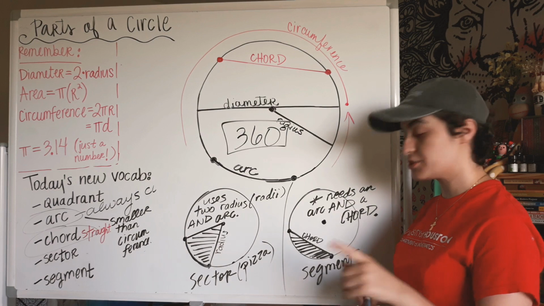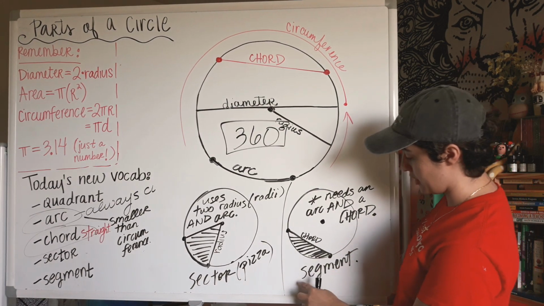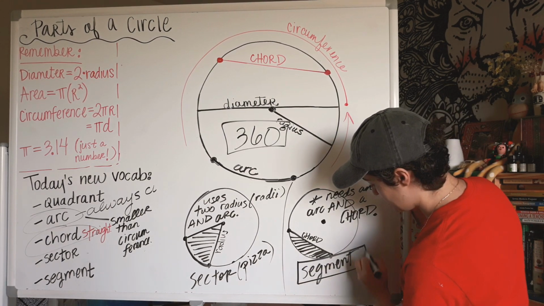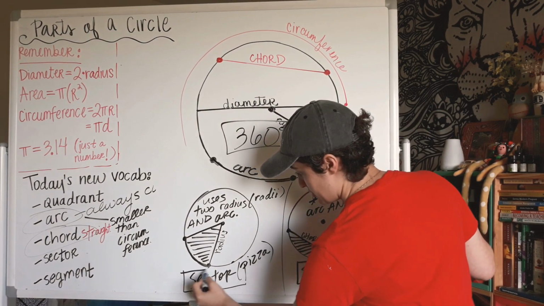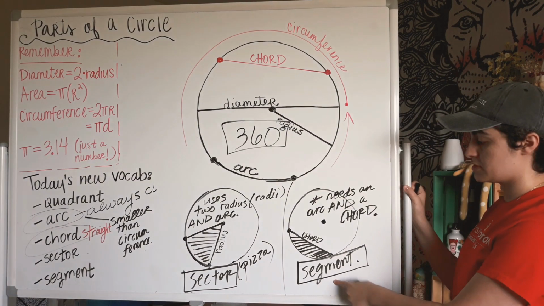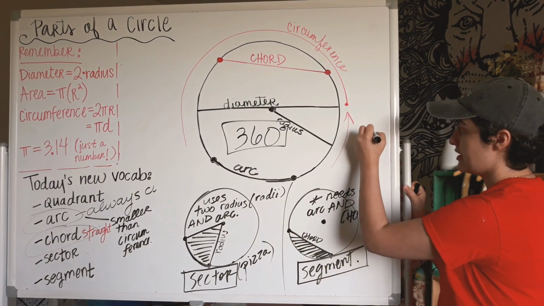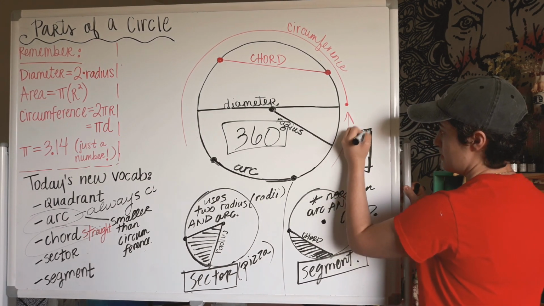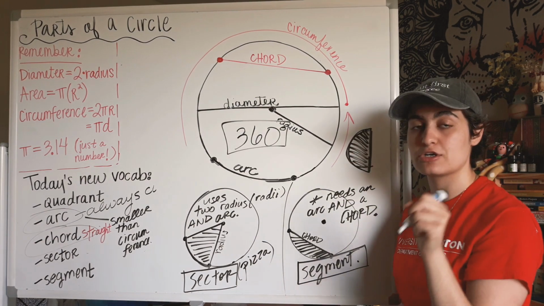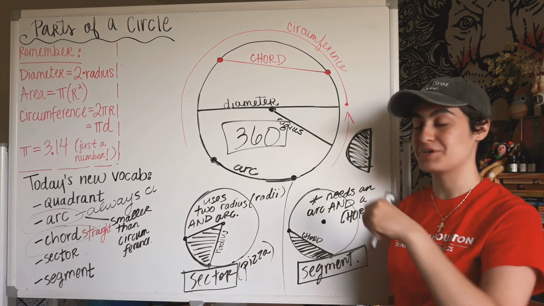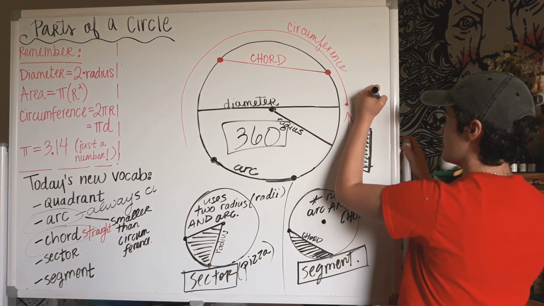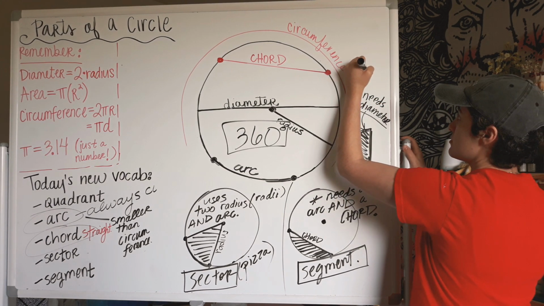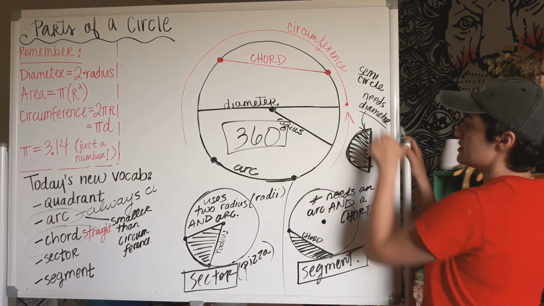Just for your information, the only difference between a segment, this right here, and a semicircle, this is your semicircle, is that the semicircle needs a diameter.